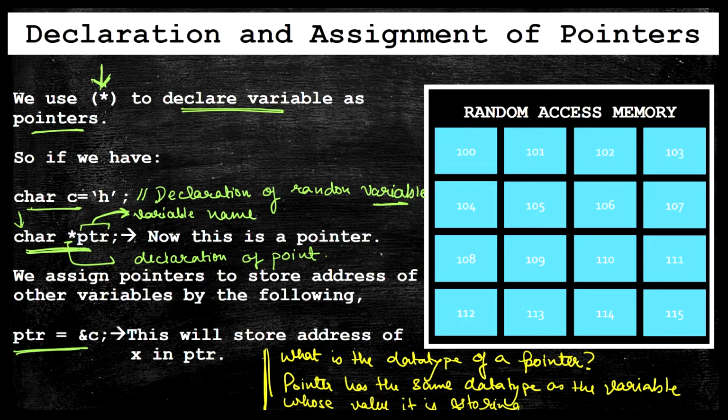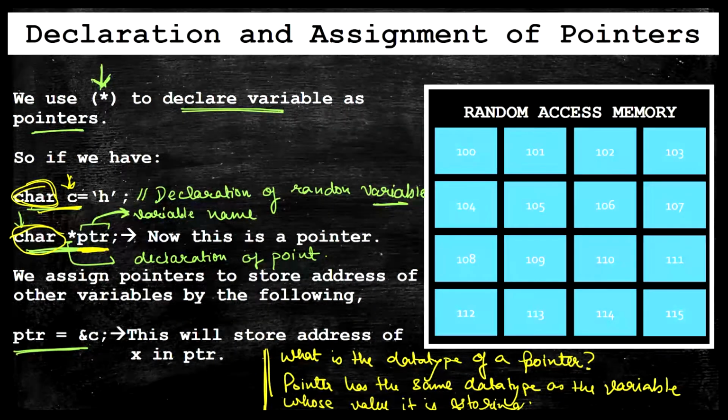Now since this ptr is storing the address of this c, which is of character data type, similarly this pointer will also be of character type, okay.